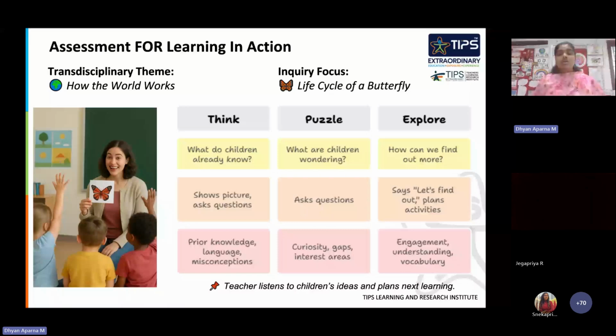So, the entire journey from showing a picture and collecting their responses, then provoking their curiosity, and at last helping them find out where the butterfly really comes from, this is assessment for learning. It happens naturally during the learning process and it was completely driven by the child's responses.